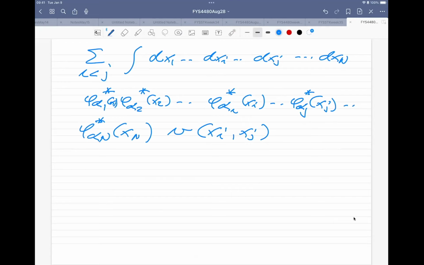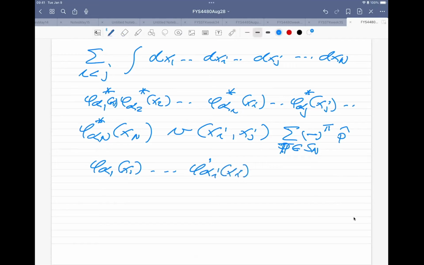And this is now multiplied with the different transpositions I can make. So I would now have this sum over pi, I call it pi, of Sn, minus pi, and then I have this operator, and this is multiplied by phi alpha 1 of x1, and then I have my phi alpha i, not complex conjugate, xi, alpha n, and xn.